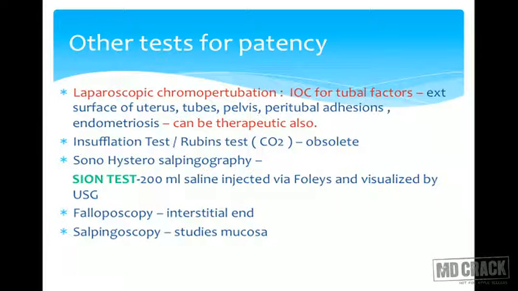Other tests of patency: laparoscopic chromopertubation. This is done commonly and it is the investigation of choice for tubal patency test. Putting a scope inside the patient's abdomen gives us an overall view, how the uterus looks, how are the tubes, what is the peritoneal environment, how are the ovaries, are there any peritubal adhesions, everything you can see, which cannot be seen on hysterosalpingography.